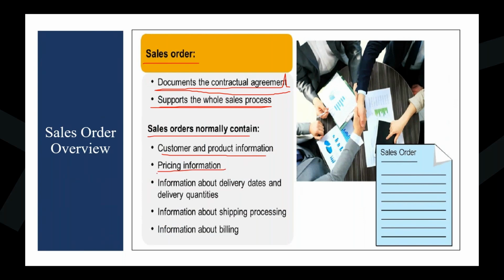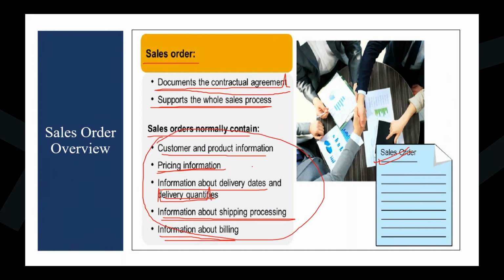Pricing information, and it contains information about delivery dates and delivery quantities. It contains all the shipping details, and also information about billing. So the sales order will contain all this information.